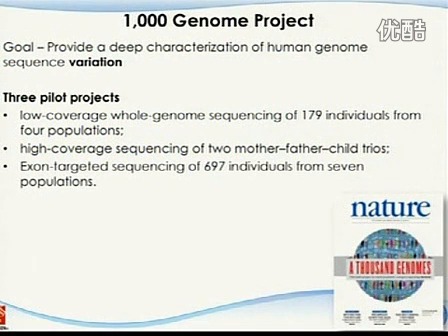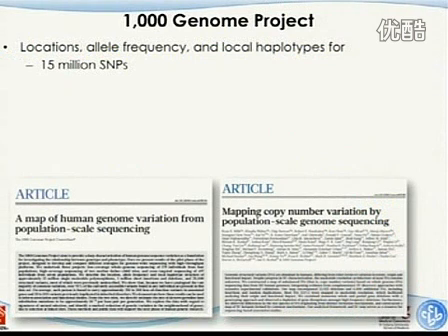And they also did exon targeted sequencing of almost 700 individuals from 7 different populations. These are the 2 major papers published out of the 1000 Genomes Project, both in Nature.